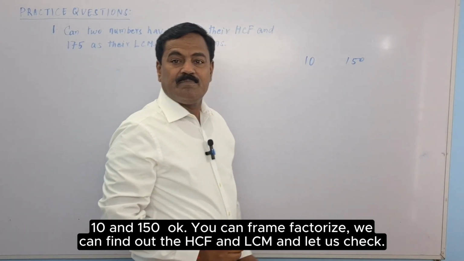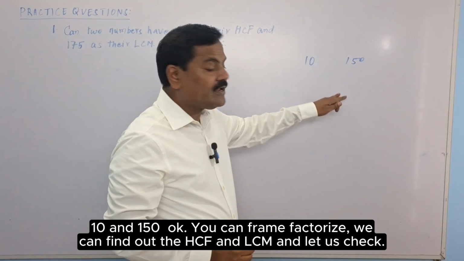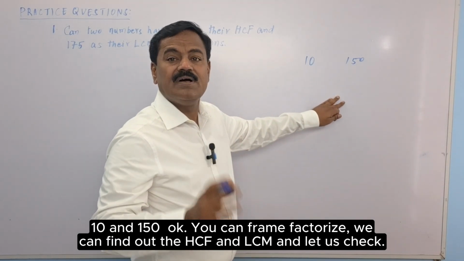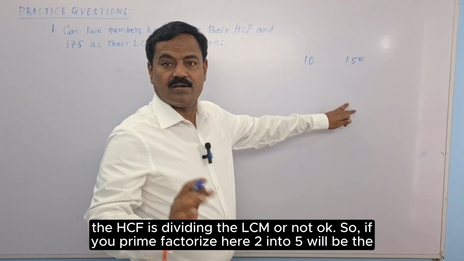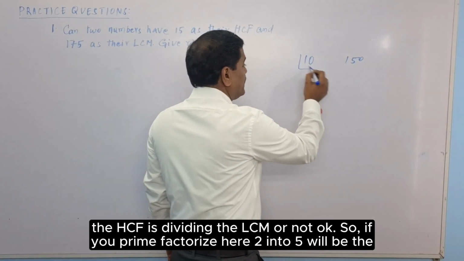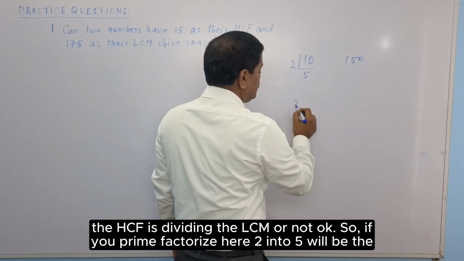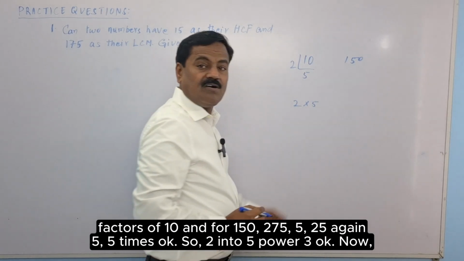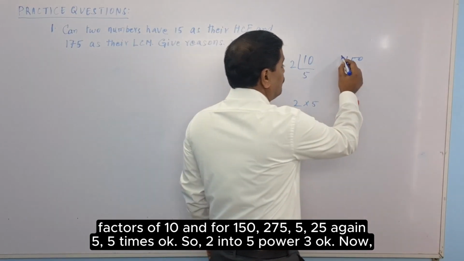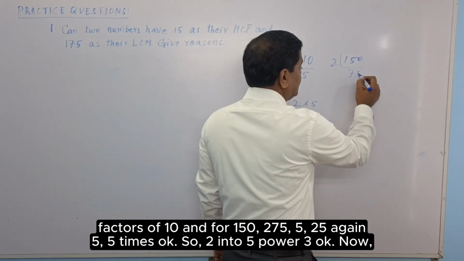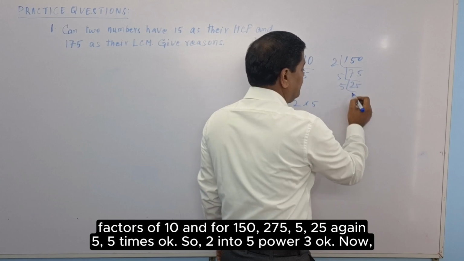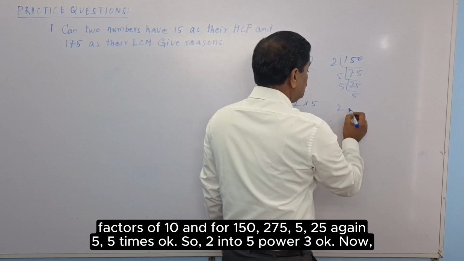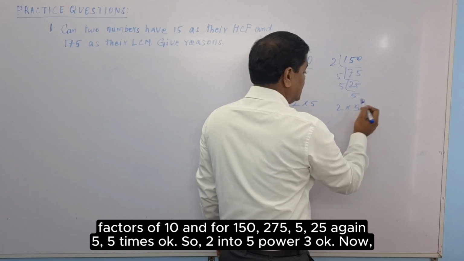We can prime factorize, find the HCF and LCM, and check whether the HCF divides the LCM. Prime factorizing, 2 into 5 are the factors of 10, and for 150, 2, 75, 5, 25, again 5, so 2 into 5 power 3.